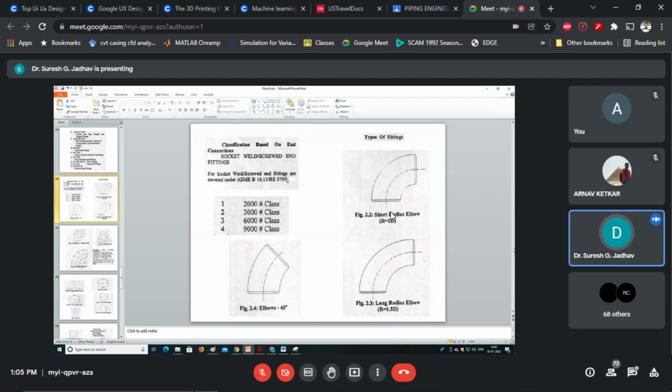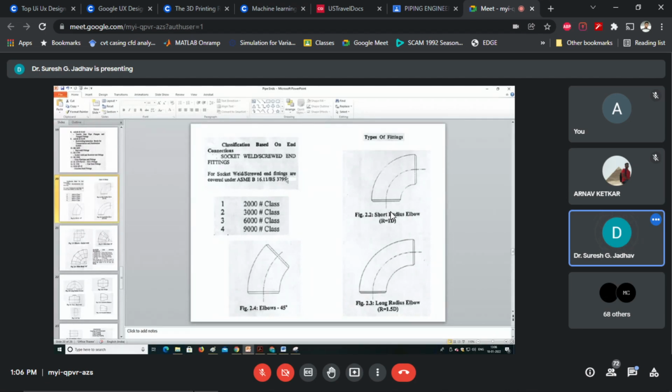Next is the long radius elbow, where R equals 1.5D. See the difference in calculating the radius for short and long radius elbows: short equals 1 into D, and for long, R equals 1.5 times D, the outside diameter of the pipe. It's called the long radius elbow.